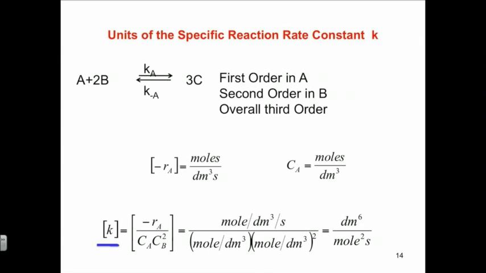Using simply a unit check, we have moles per decimeter cubed per second in the numerator, and then we have moles per decimeter cubed times moles per decimeter cubed squared in the denominator. Simplifying this out, we get decimeters to the 6th power over moles squared times second.